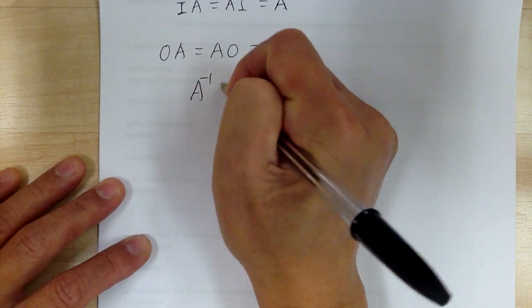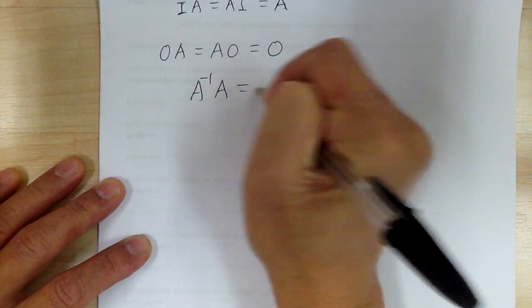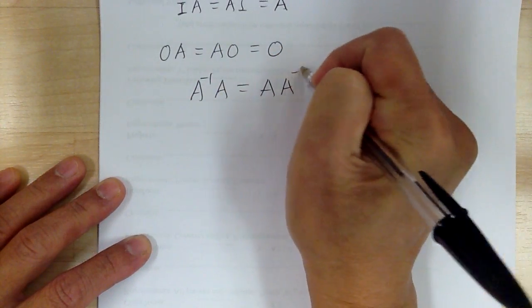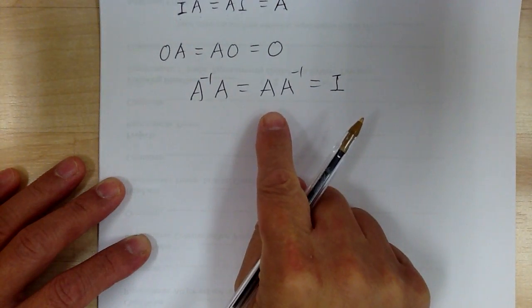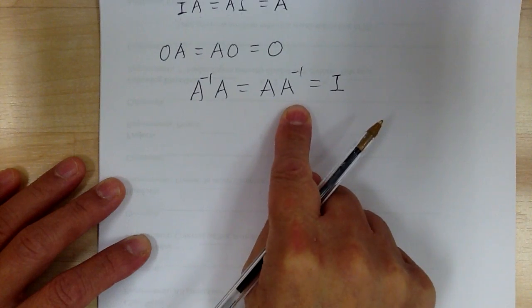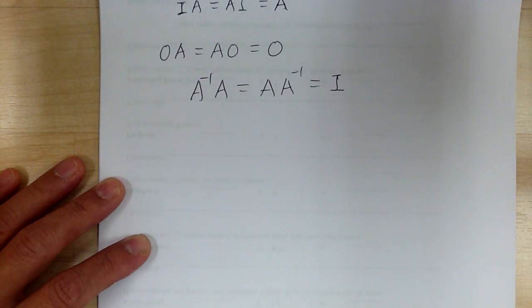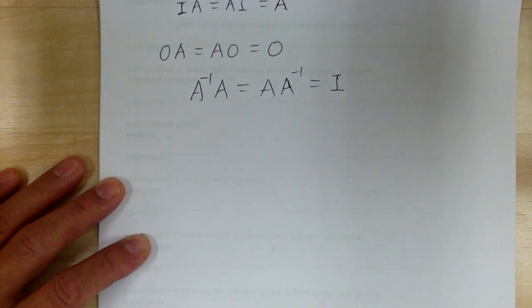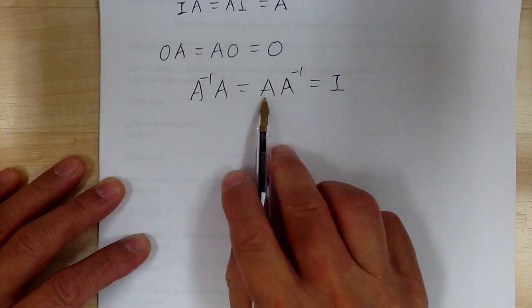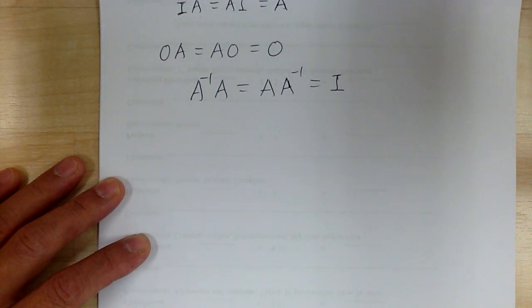So inverse times A equals A times inverse equals I. Think about, for example, 2/3 times 3/2 equals 1. Inverse is like the reciprocal in regular math, or 1/2 times 2 equals 1. So these are a few exceptions where you can switch the order, but most of the time you cannot.